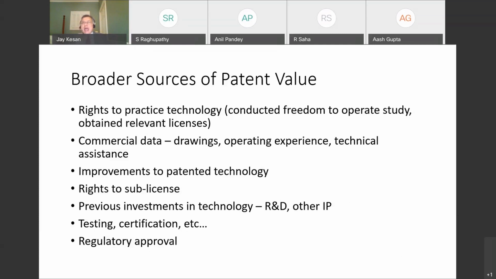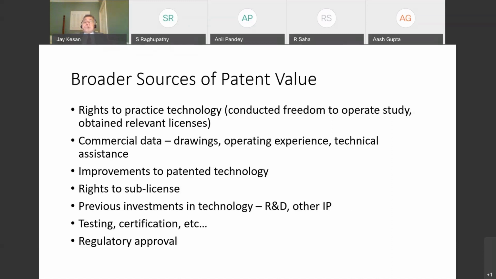In other words, your patent may cover certain aspects of a product, but you may need to get other licenses from other patents in order to successfully market the product. If that's the case, then that will diminish the value of your patent because you have to actually get other patent licenses as well. On the other hand, if you already have those rights, then that improves the value of the patent.